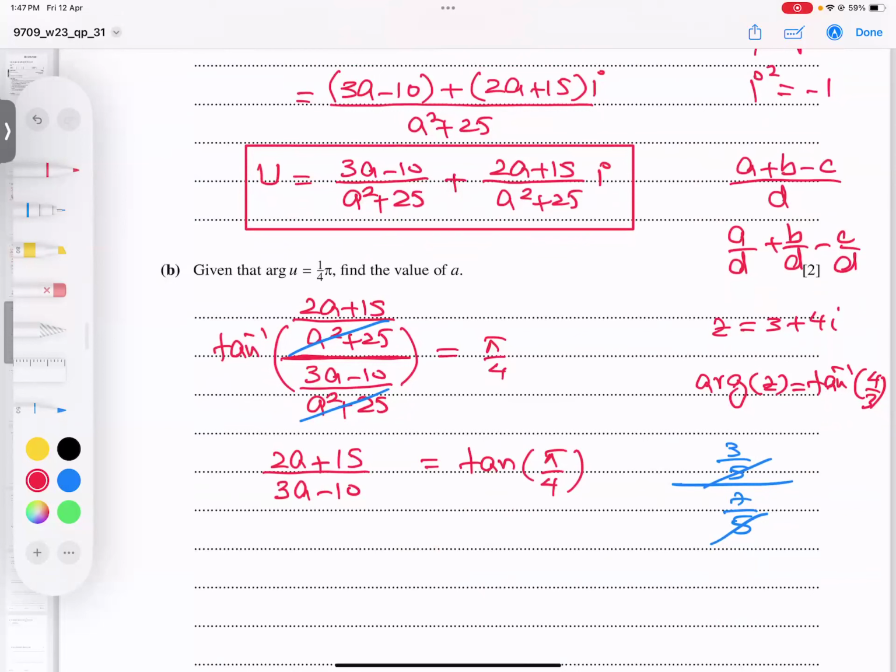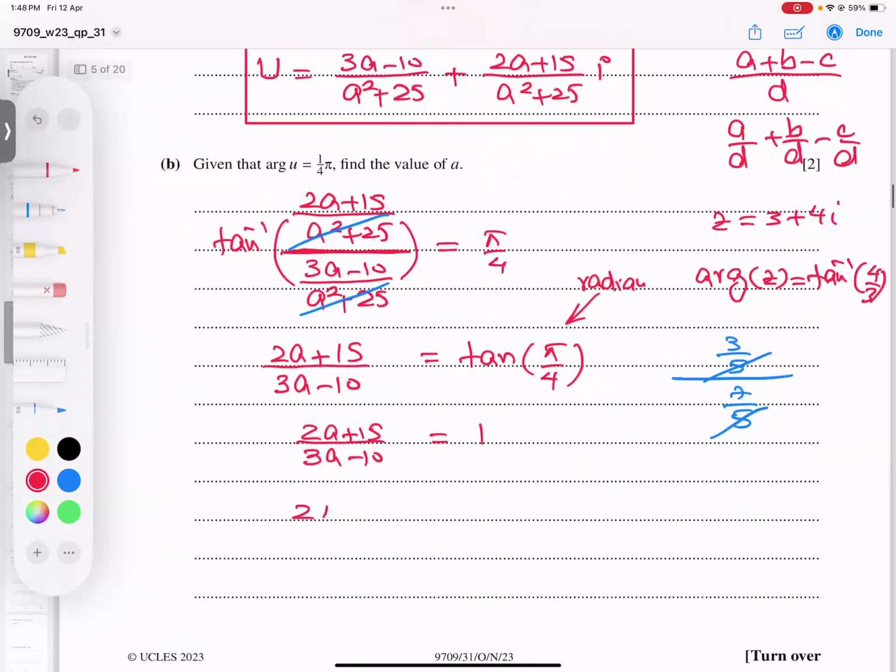Now what to do onwards? Tan of pi by 4, we type in the calculator, gives 1. Make sure the calculator is in radian format. For the full chapters of differentiation, integration, differential equations we have to use radian, but especially keep your eye on complex numbers when pi is mentioned, then radian.